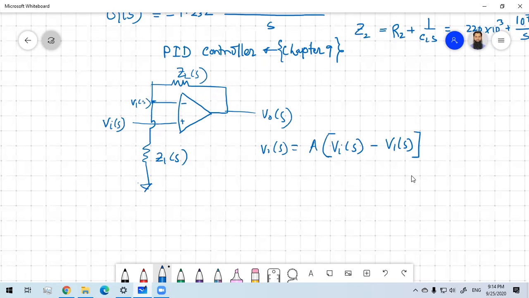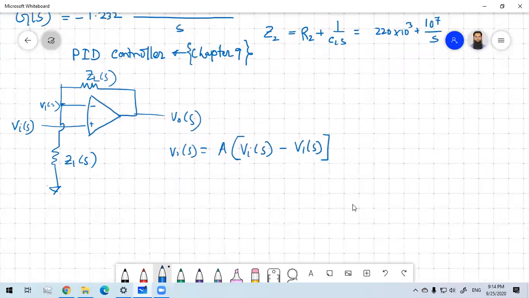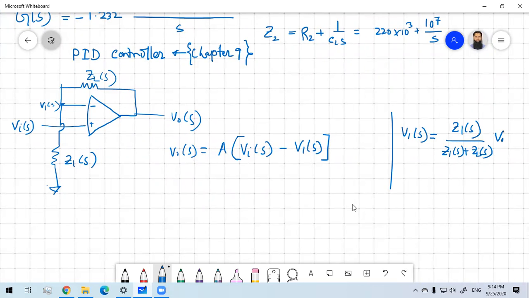So V1S can be written as Z1S divided by (Z1S plus Z2S) into V0S.